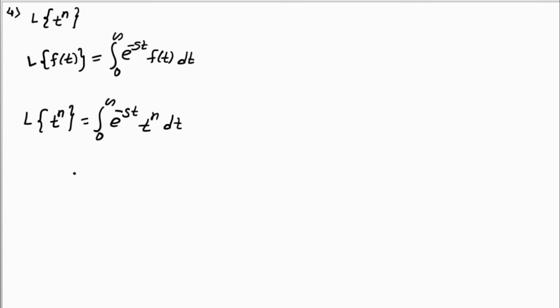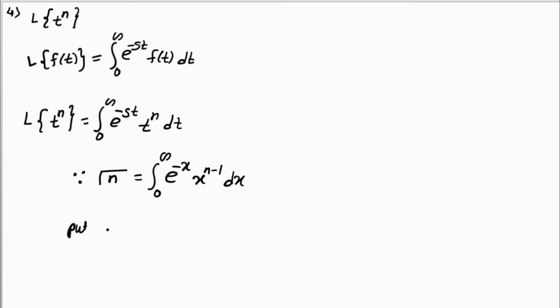And here to solve this term I have to use the gamma function, and the definition of the gamma function is gamma of n is the integral 0 to infinity e raised to the power minus x, x raised to the power n minus 1 dx. So for that, the e raised to the power term must be in a single variable.